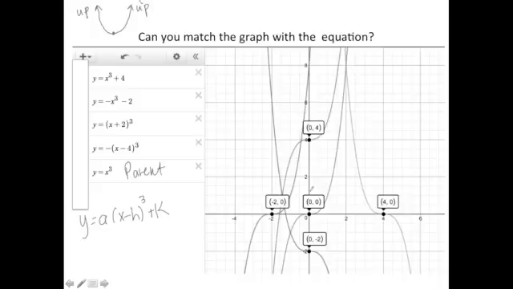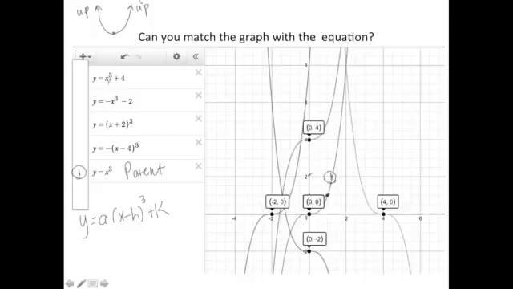Be aware that this is at 2, which means that this point right here is 1. A little hard to make out. This point is 1. So I'm going to say that the parent graph, I'm going to label this graph as number 1. This will be number 1.